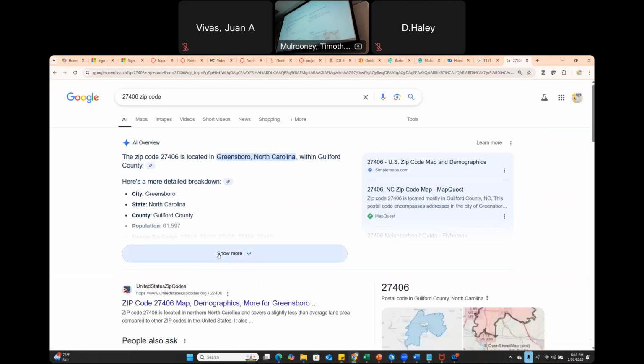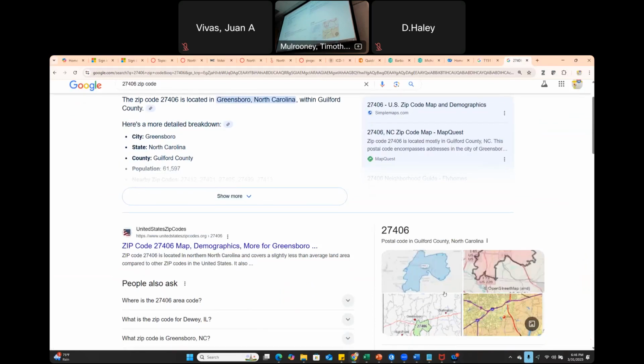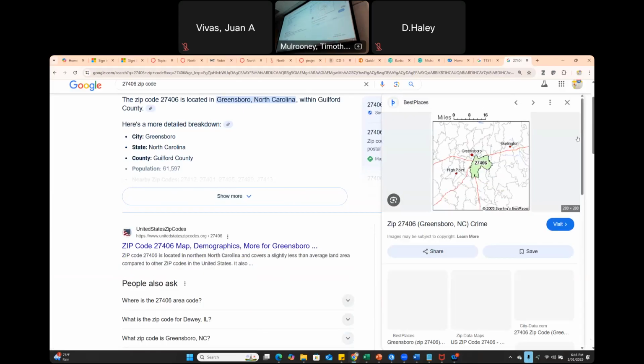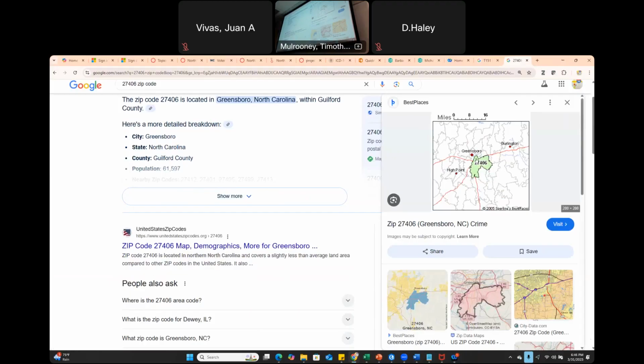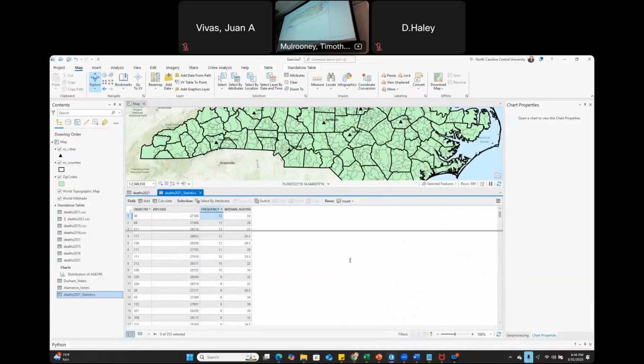That's Greensboro, that's me. Yeah, that's in Guilford County. My wife calls this area south of 40, we don't want to go south of 40. Yeah. So we can see this here.